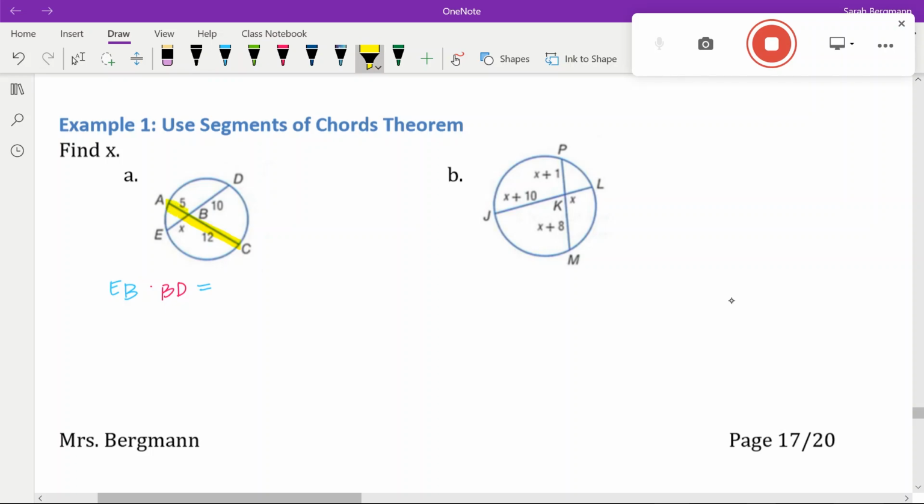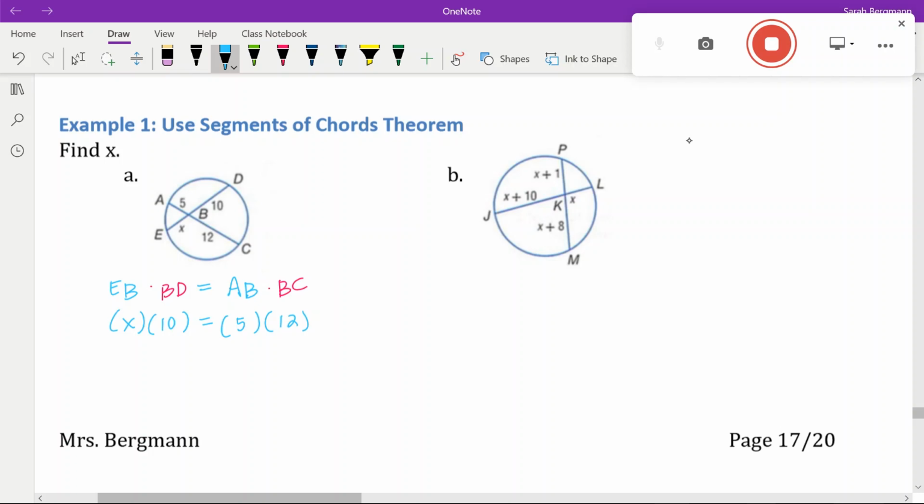One of the chord segments is AB. The other chord segment is BC. Once we have the equation set up, we just plug in the values for each segment. EB is x, BD is 10, AB is 5, BC is 12.